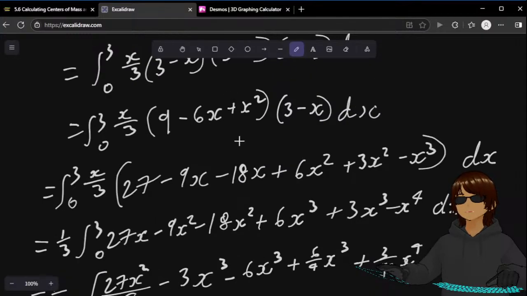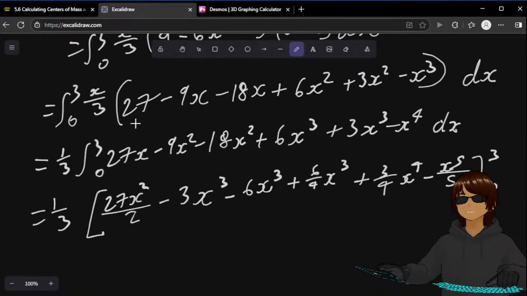This seems correct. 27 minus 9 minus 18 plus 6x squared. Yeah, this seems correct. Then I just added x at the end, right?